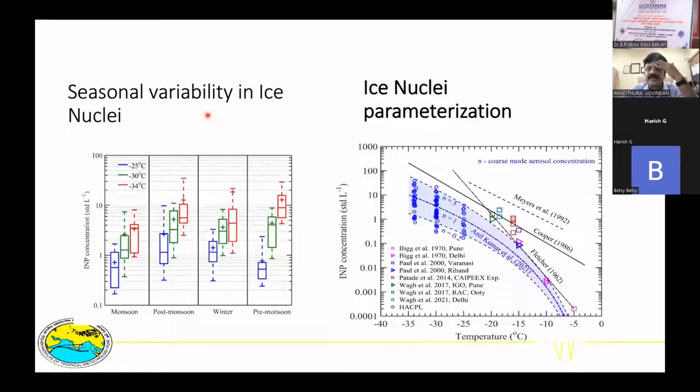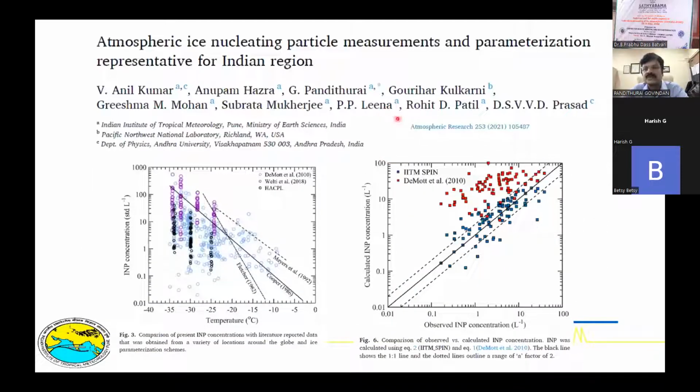This is a seasonal variability, and we compared with the existing parameterization schemes, only with the temperature and also with the coarse mode aerosol concentration. This is one such paper we had last year on the development of parameterization of ice nuclei in terms of temperature and coarse mode aerosol concentration.